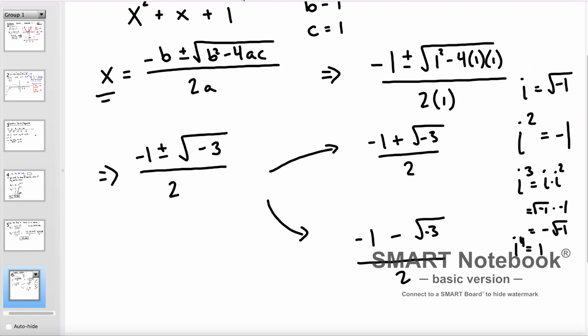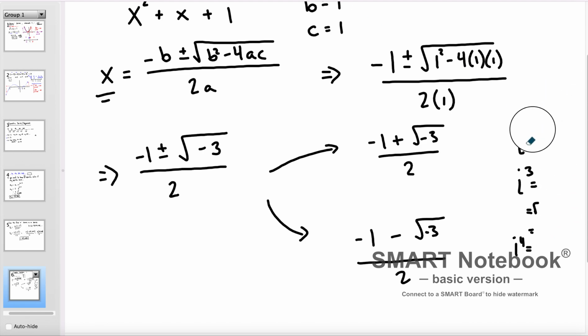Okay, so the rules of i are as follows. i equals the square root of negative 1. i squared, by definition, must be negative 1. i times i is negative 1. i cubed is i squared times i.